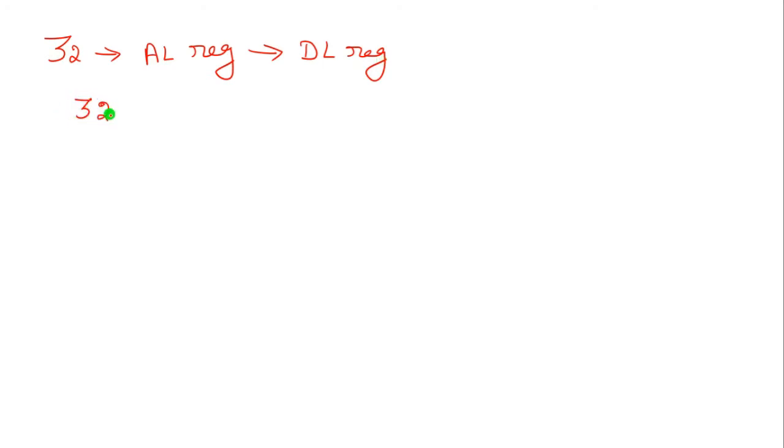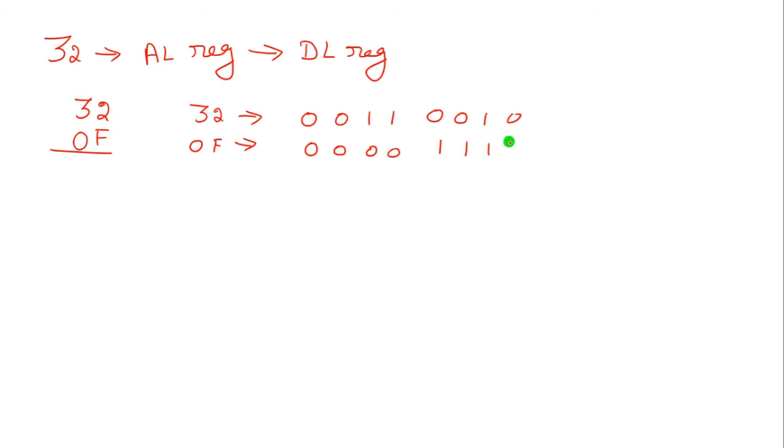Here we are going to perform the upper nibble masking. What is meant by upper nibble masking? This value is ANDed with 0f. How do we perform it? 32, the equivalent binary number is 0 0 1 1 0 0 1 0. Then 0F is 0 0 0 0 1 1 1 1.